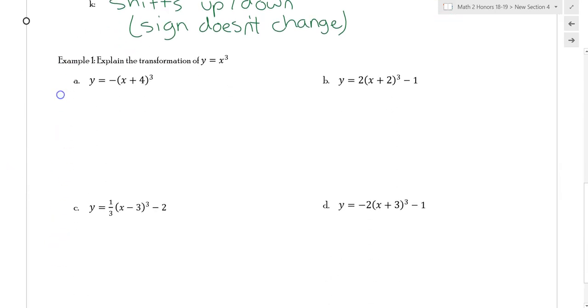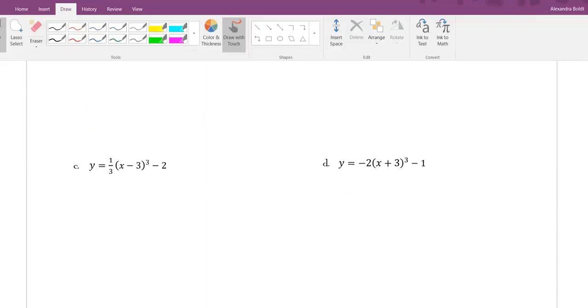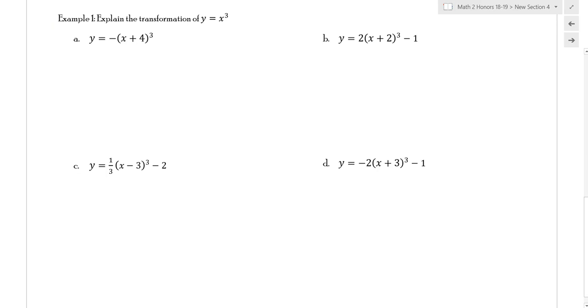All right, so let's look at some examples. Example 1, it just says explain the transformation. So y equals negative, x plus 4, cubed. So this is negative, technically that's negative 1. What that negative is doing is it reflects over the x-axis.